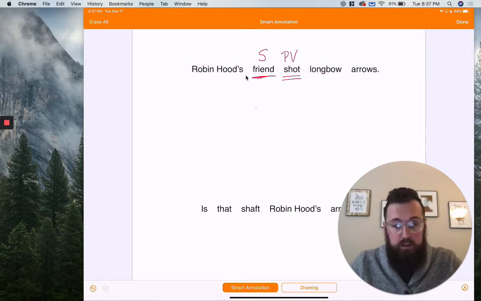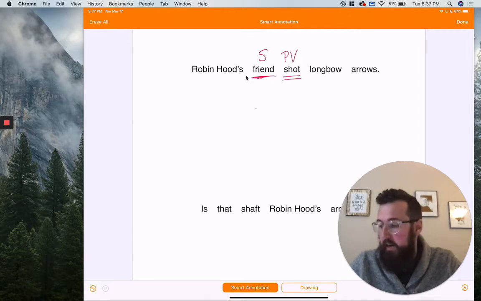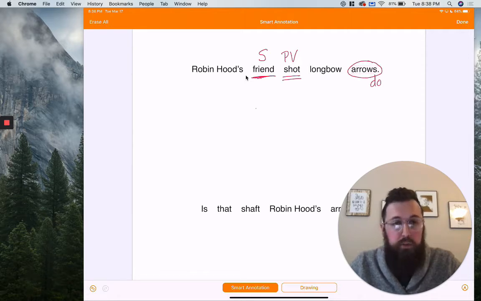Now, since I have a predicate verb, what did my friend shoot? They shot arrows. So that is going to be my direct object. Then I go through and add any of my modifiers. Longbow is going to be describing my arrows.